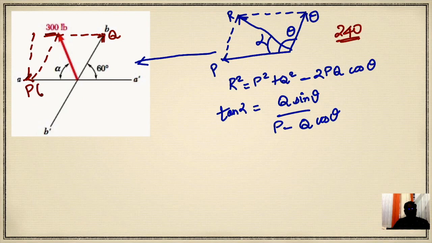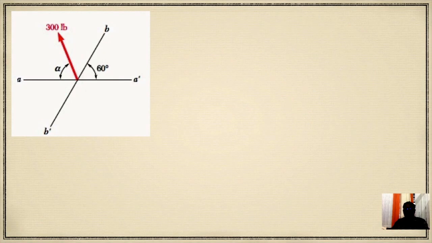So basically they've given us the value of P, which is 240, and then you're supposed to find the value of Q, and then the value of alpha, right? Here again there are two ways of doing this problem. One, we can solve by using the parallelogram law, and then you can also solve the same problem using the triangle law. Okay, so I hope you have got an idea of what it is that we are trying to do.